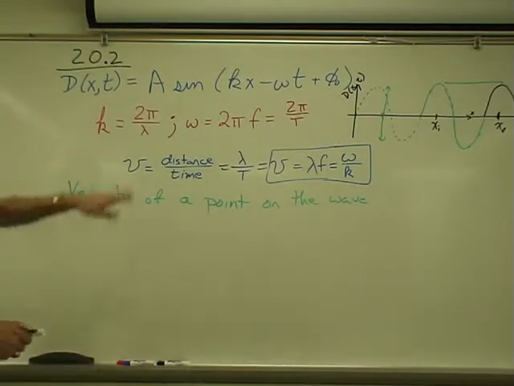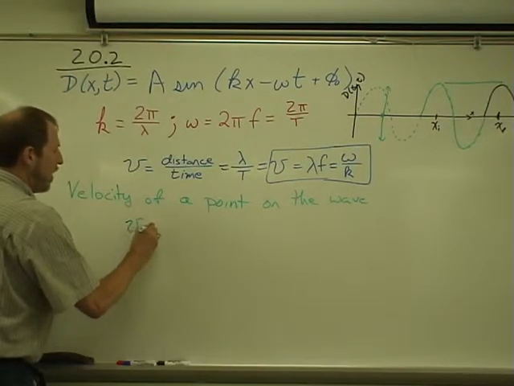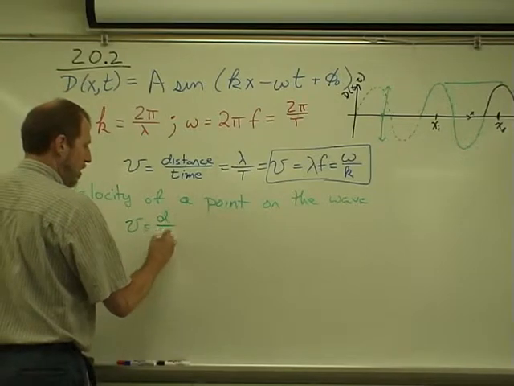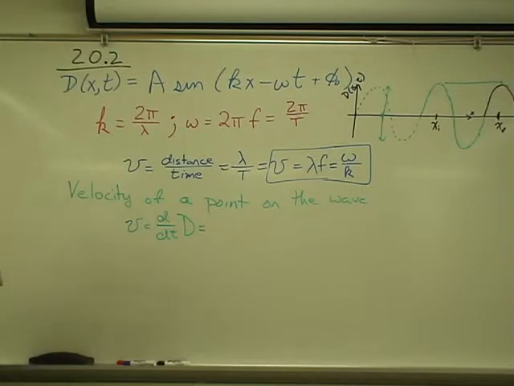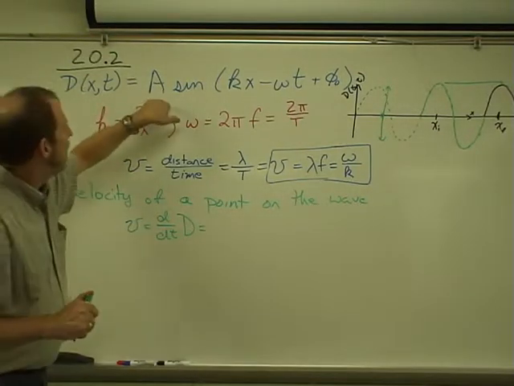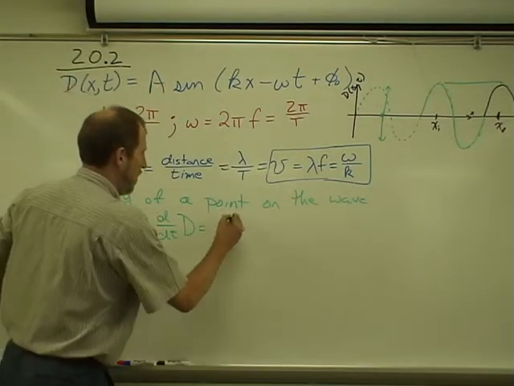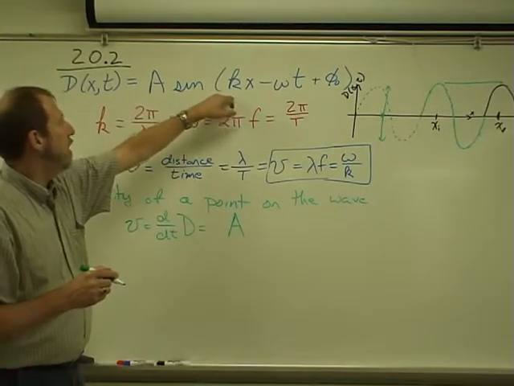I need to use calculus and say, okay, the velocity of that point is the derivative with respect to time of the displacement, which is, okay, now the derivative of a constant, that stays there, because the sine is a function of time.